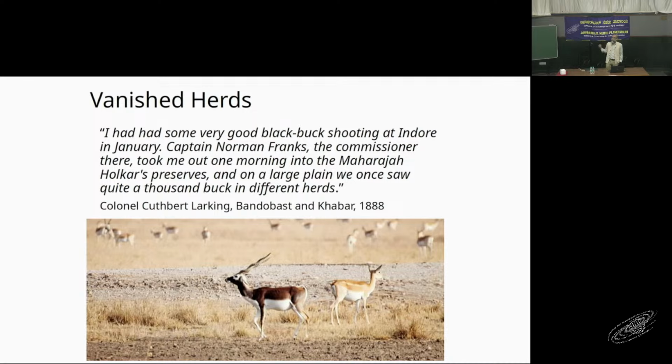Those scenes can no longer be visualized in India. They're gone because of British activity, because of a lot of hunting. They're also gone because we've converted most of those wide plains into agriculture and cities and factories and so on. So that's part of our natural cycle.